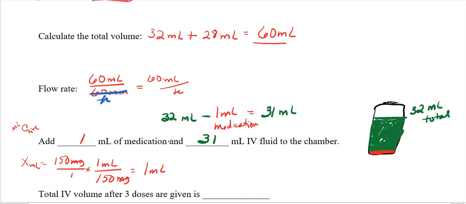So I'm going to add 1 milliliter of medication and 31 milliliters of IV solution.